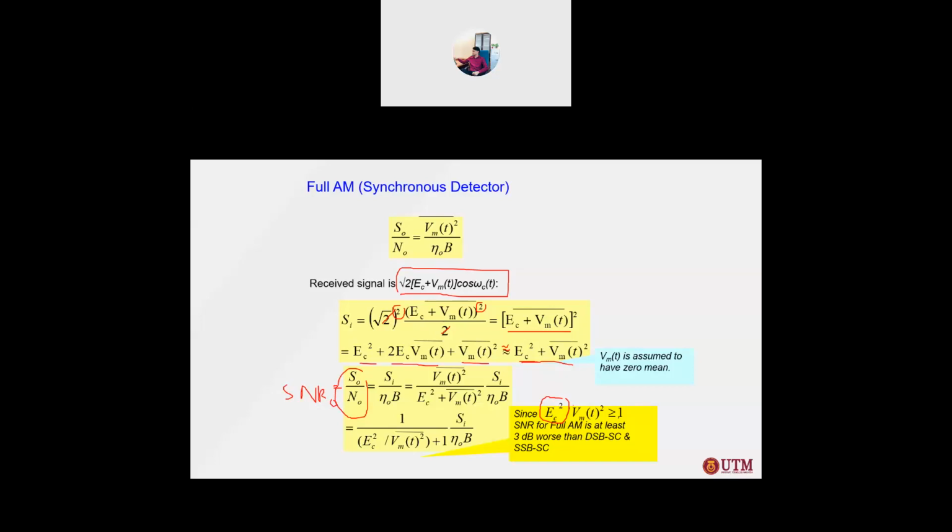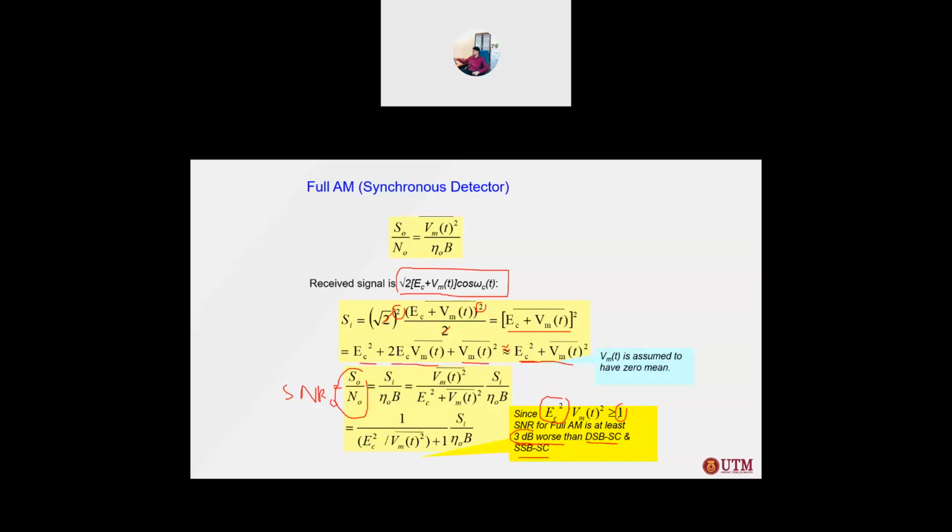So since EC is often but not much bigger than VMT, the ratio is greater than 1. So the SNR for full AM is at least 3 dB worse than double sideband suppressed carrier and single sideband suppressed carrier.